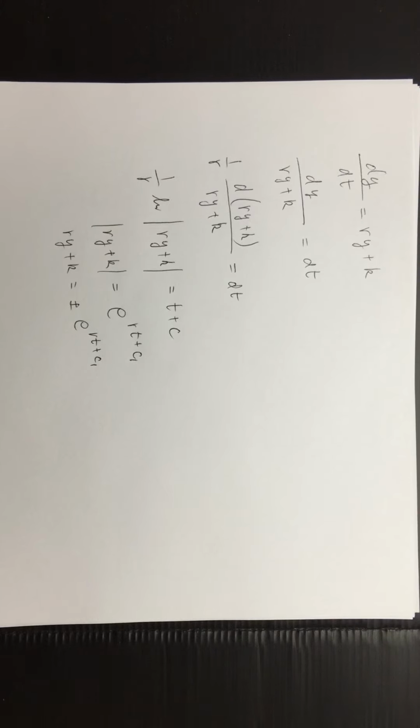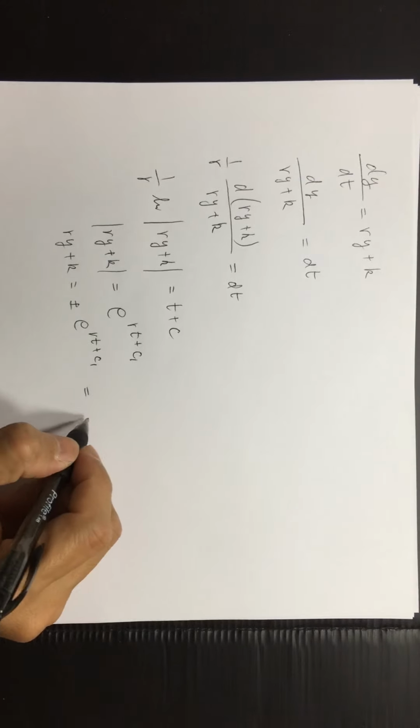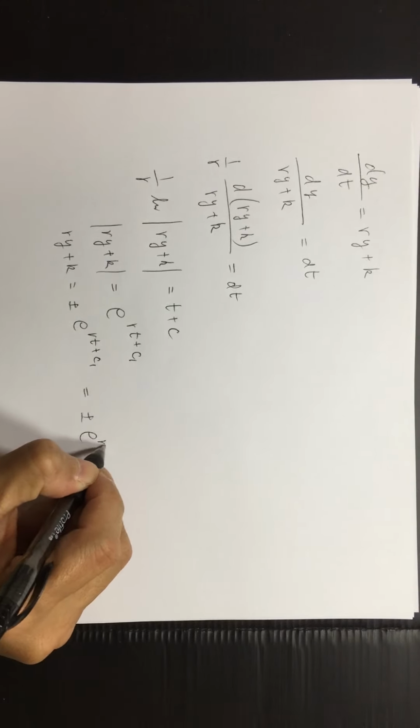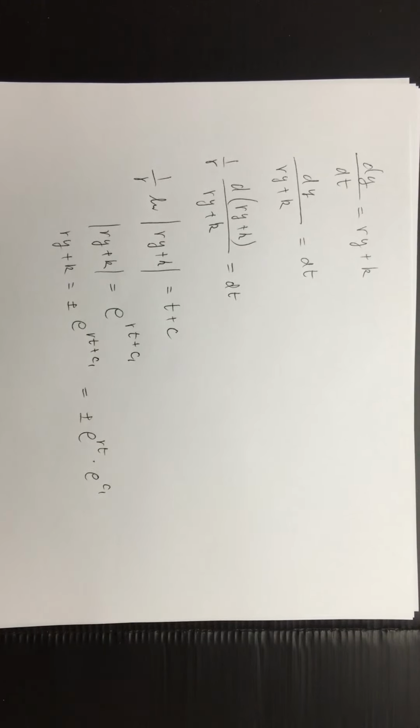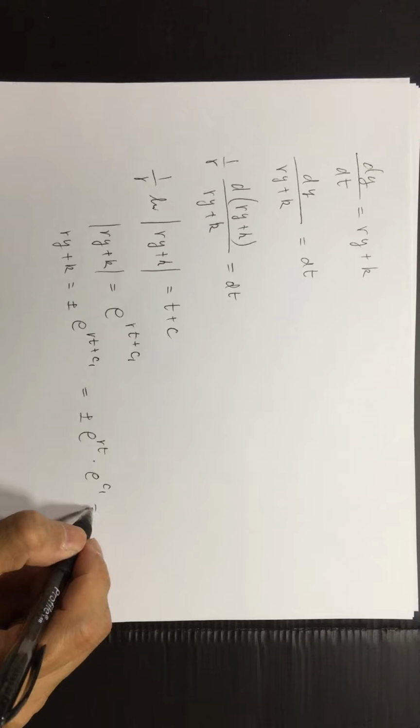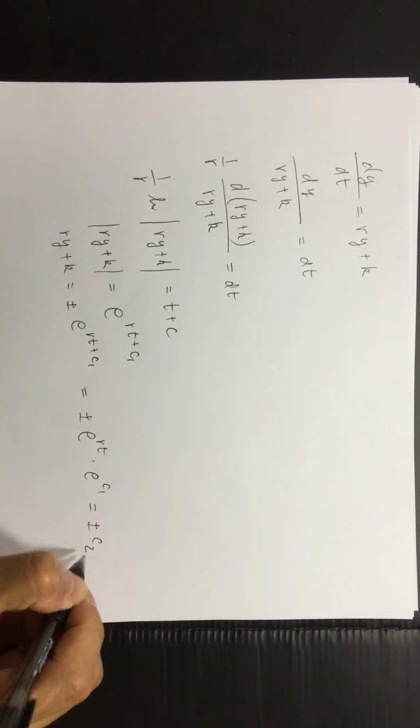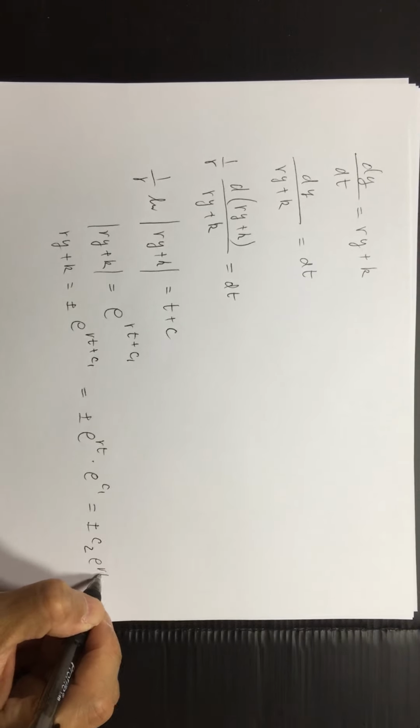And this C1 comes out, becoming e to the power of C1 times e to the power rt. This equals plus or minus e to the rt multiplied by e to the C1, right? So it doesn't matter. A constant is a constant. We'll call it C2.